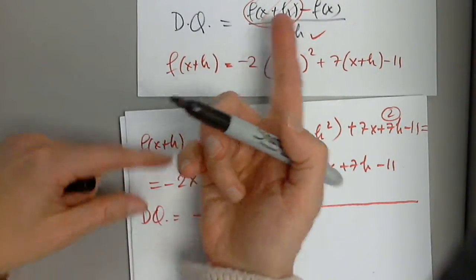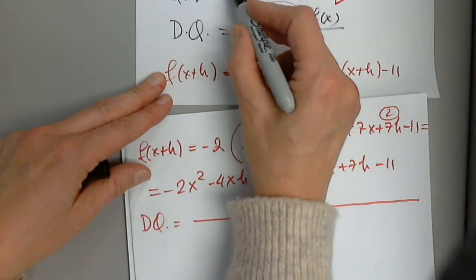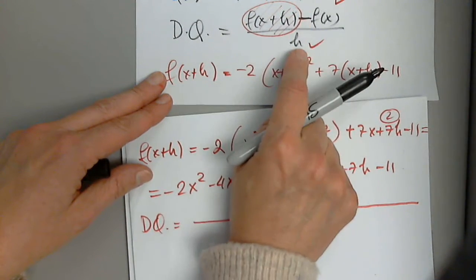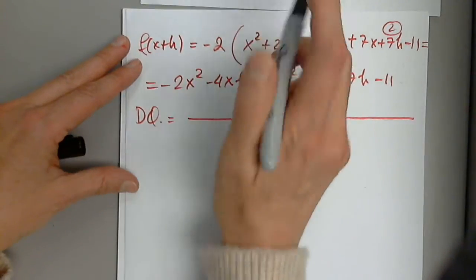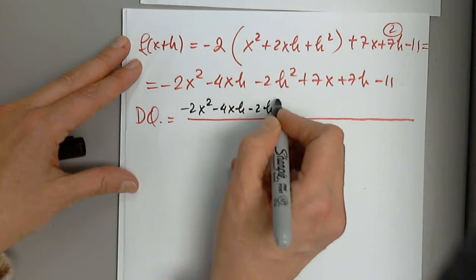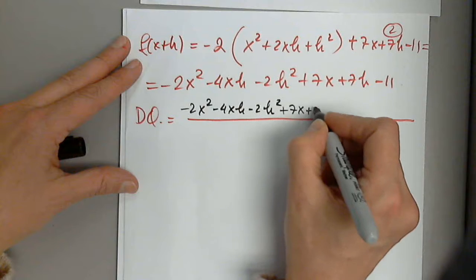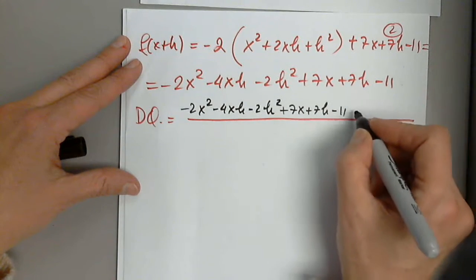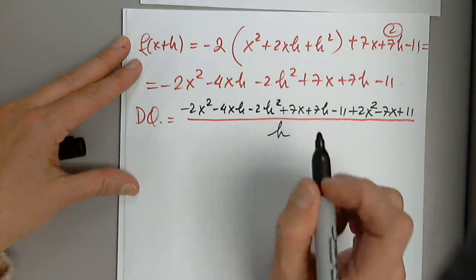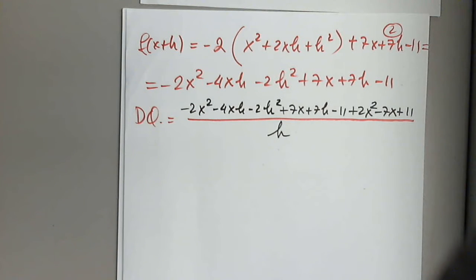I copy this, and then I distribute -1 to all three terms, and then divide by h. So -2x squared minus 4xh minus 2h squared plus 7x plus 7h minus 11 plus 2x squared minus 7x plus 11 over h. Is this okay?